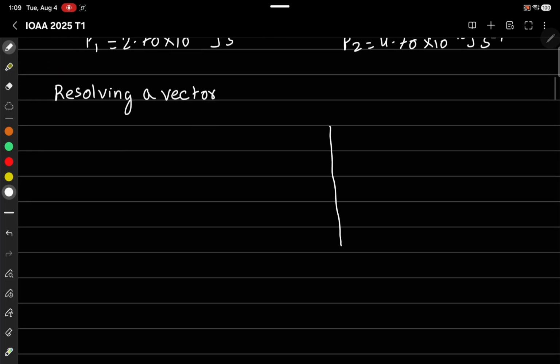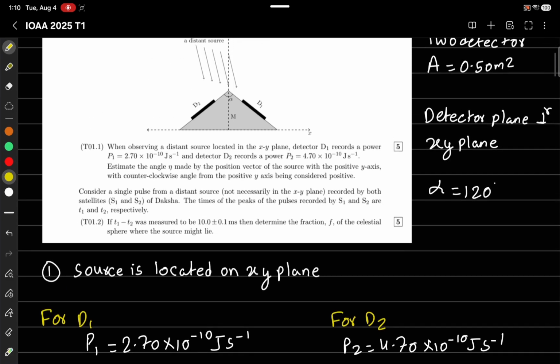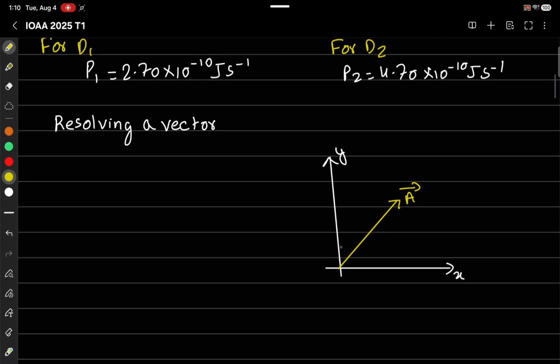Suppose this is my x, this is my y, and I have a vector a. Now since the question says that I need to find the angle from the positive y-axis, I will consider this angle.